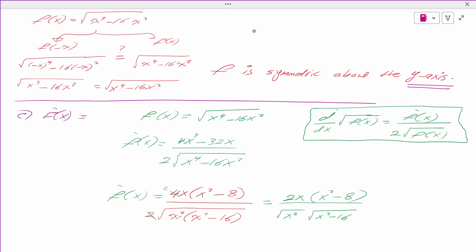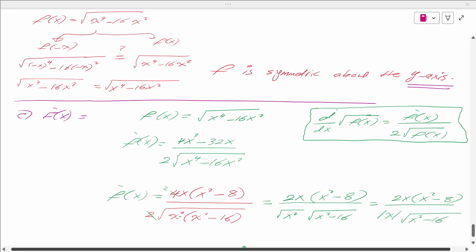I gave the square root to x squared and to the bracket. And this is the same as 2x bracket x squared minus 8 over the square root of x squared, here will be absolute value of x, right? To guarantee that the output is always positive for the square root, for the absolute value. So this is the square root of x squared minus 16.